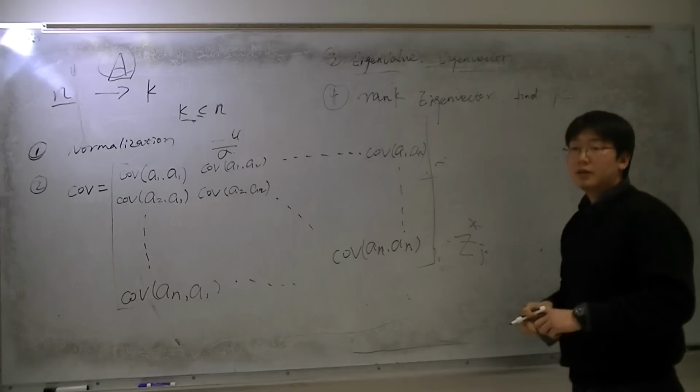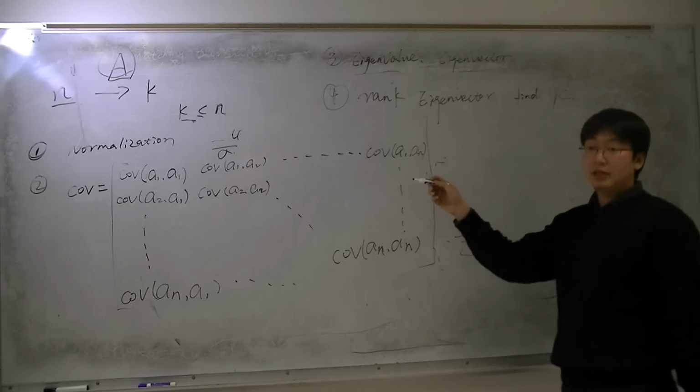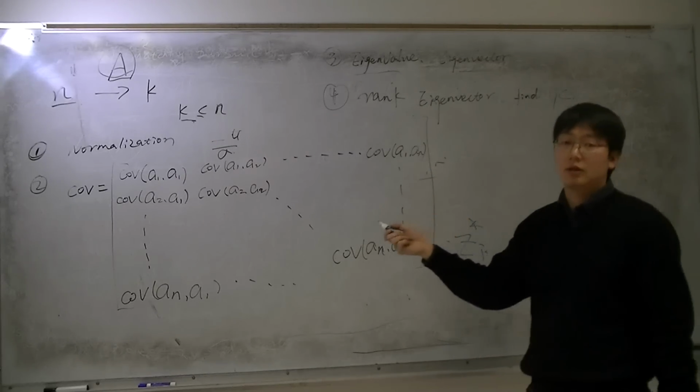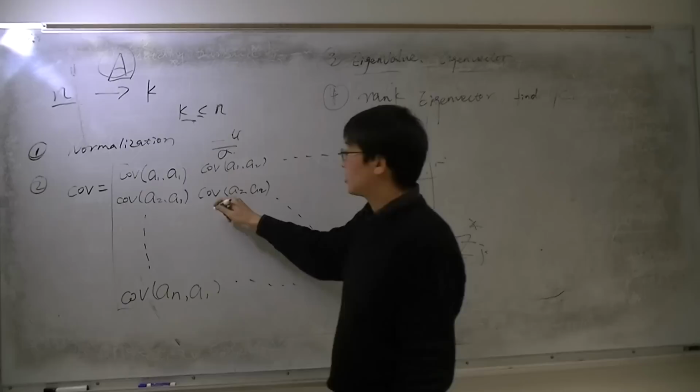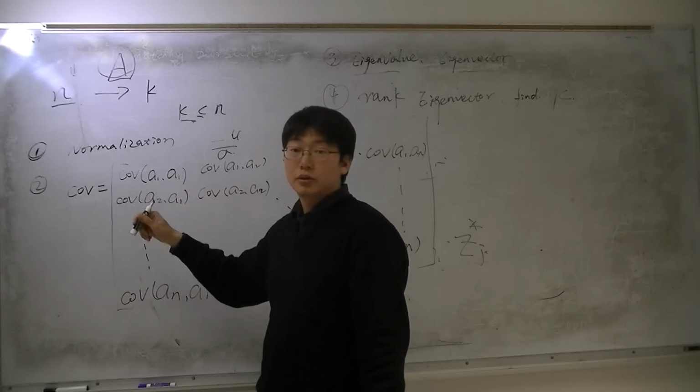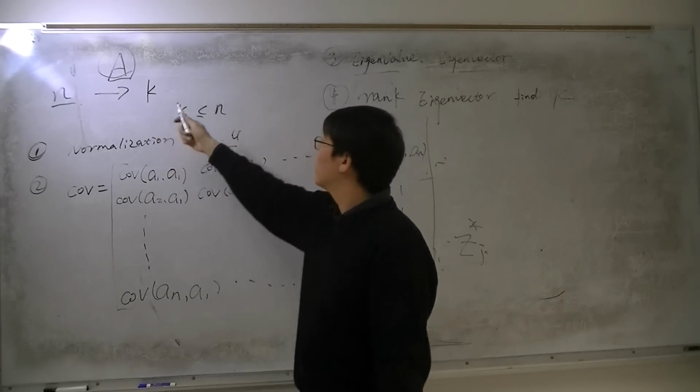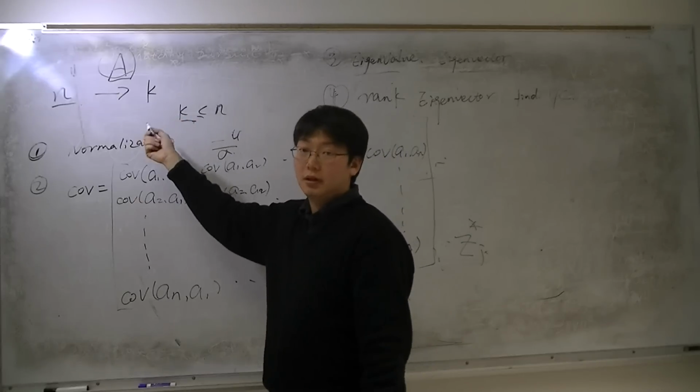So the first question about this is why we can use this covariance eigenvector as the key feature we want to find here.